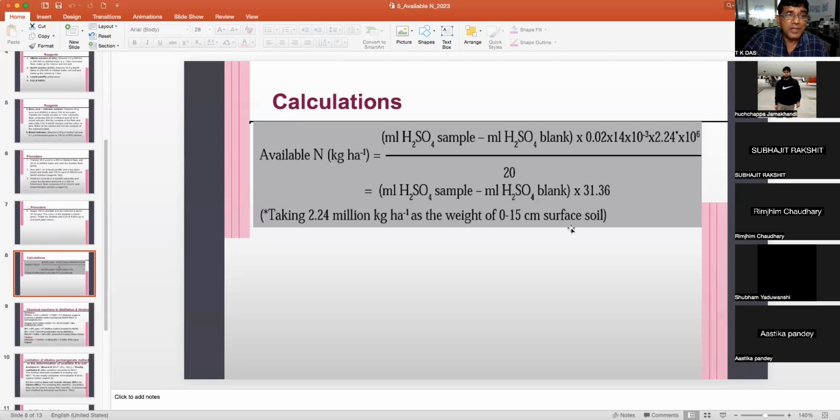But conditions remain the same: you are using sulfuric acid of 0.02 normality, and the sample weight is 20 grams. If you change these values, the result will change. So it is better to remember the formula with complete understanding. Then you can analyze and know the available nitrogen in kg per hectare.